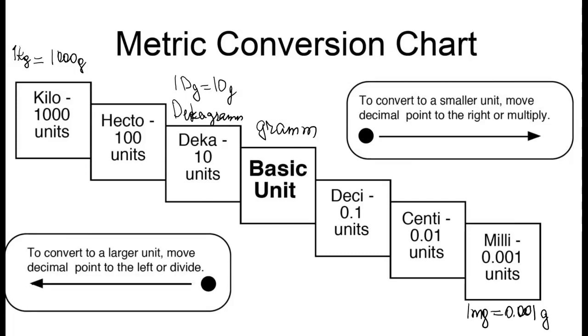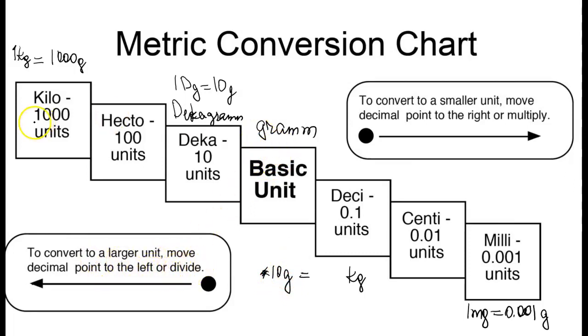To convert your basic unit to a larger unit, you need to move the decimal point to the left, or divide. Let's say we have 10 grams and we need to convert these 10 grams to kilograms. I need to calculate how many kilograms it will be.